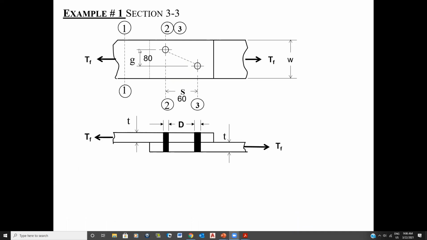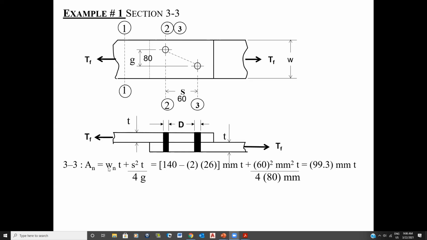Now we have a gauge of 80, we have a pitch of 60. And because I have this diagonal here, I'm going to take advantage of the S squared T over 4G to take advantage of that little bit more area. So therefore, AN is WT minus the holes plus S squared T over 4G. Remember the WN value here, I'm going through 2 holes, 1, 2, and each hole I'm assuming to have a width of 26 millimeters.